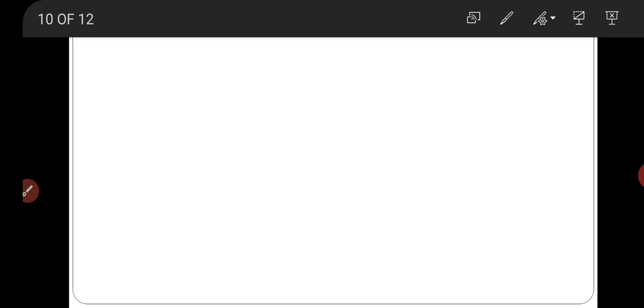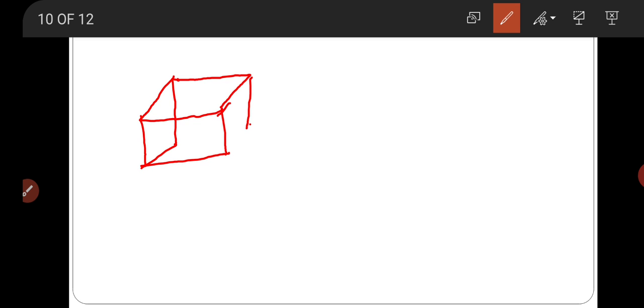Now take one example. Again, take the pen and draw the cube. Okay, suppose this is the cube. This is the vector: this is the origin and the end point of this vector is A, so the OA vector. How do we calculate the direction of this OA vector?